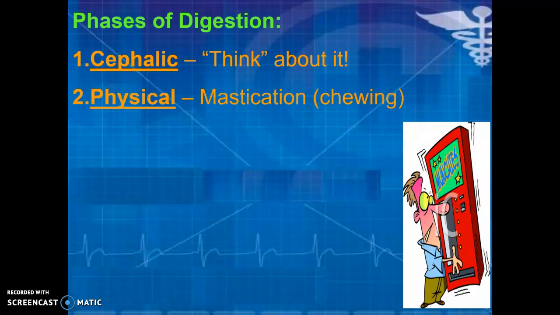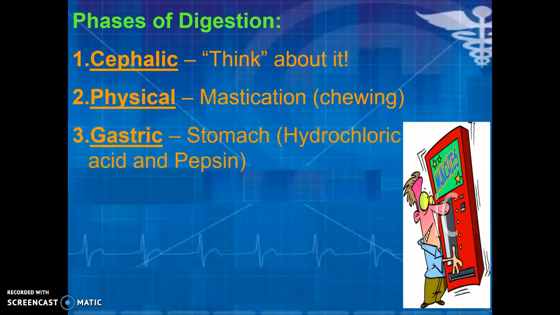Then there's physical digestion. That is mastication, chewing. The art of using those teeth to cut, to slice, to rip, to chew, to grind your food where it has more surface area. That's the physical part of digestion. That's mastication. And then after mastication, you swallow, which is deglutition.